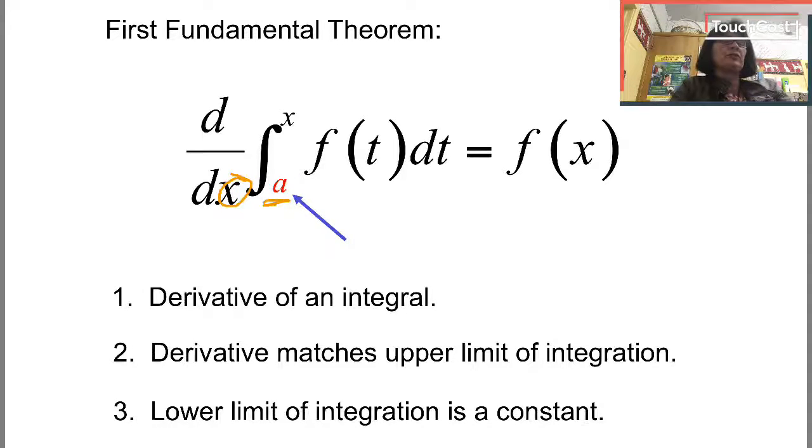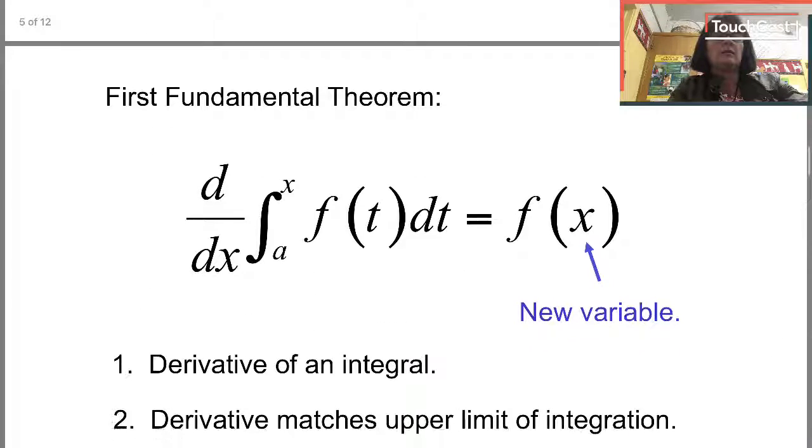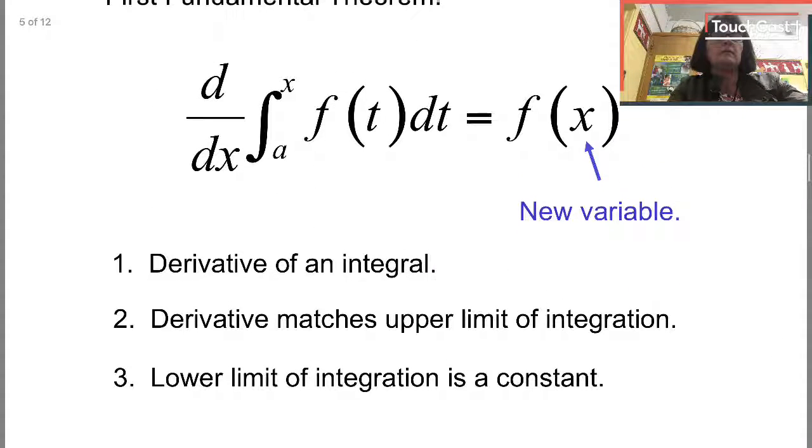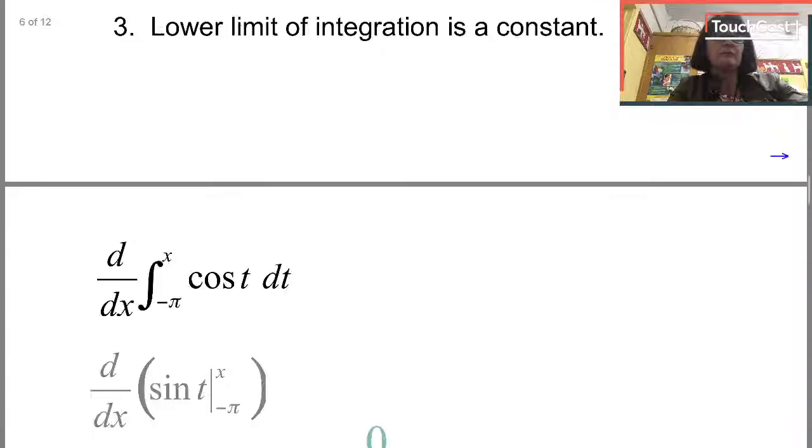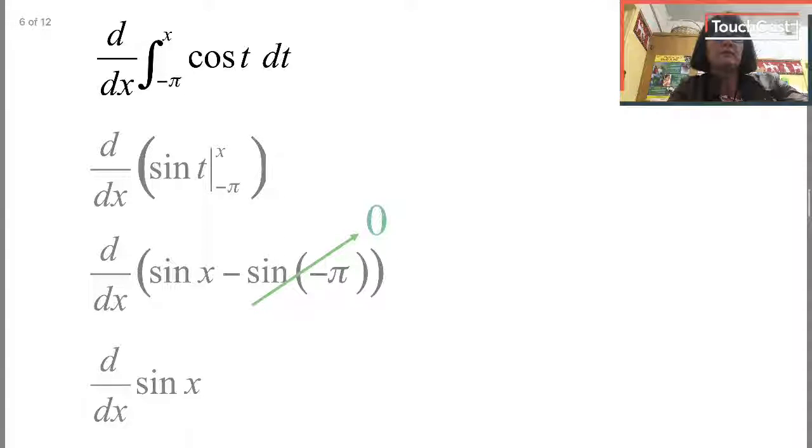If those things are true, then the derivative undoes the integral and leaves us the integrand, but instead of the old input variable, the upper limit of the integral becomes the new input variable. All right, let's check this out. That's what half of the fundamental theorem says.